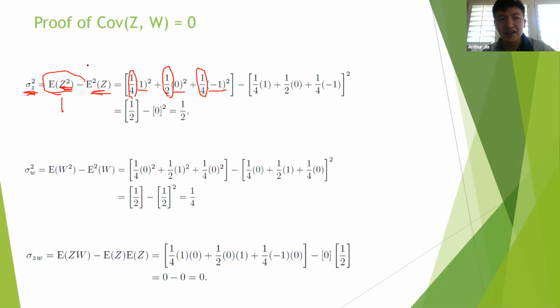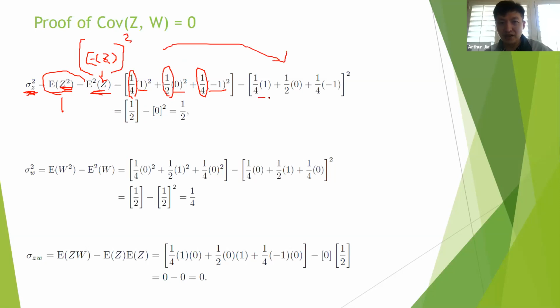This expression is easier to write in this way. If you calculate the expectation of Z squared first and then calculate the square, that's this thing. That's why you see the difference.